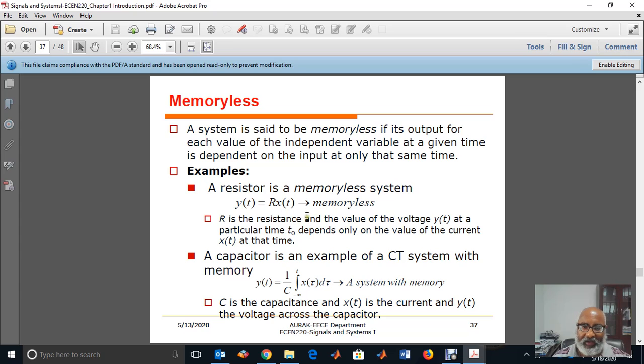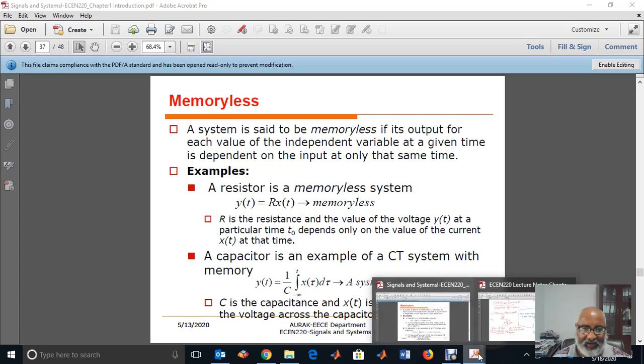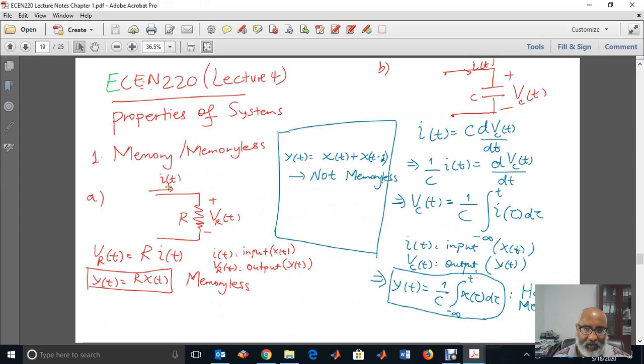For example, we can take a resistor. If I have a resistor here, I have an input current i(t), and the voltage across the resistor is V_R(t). V_R(t) is R times i(t).